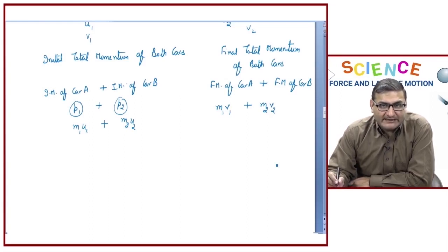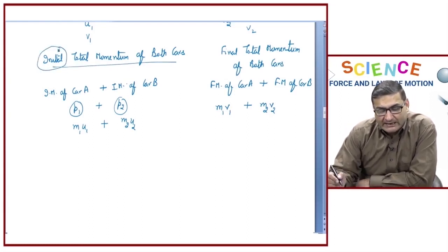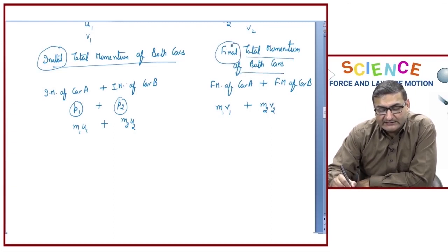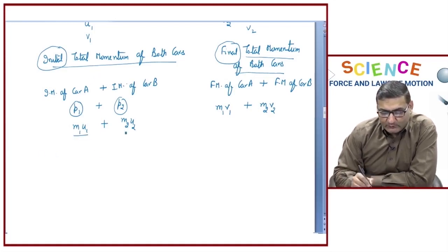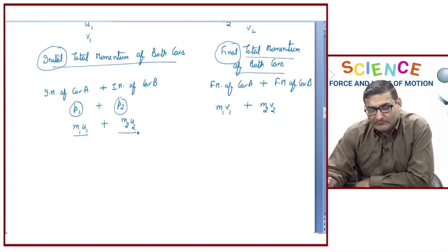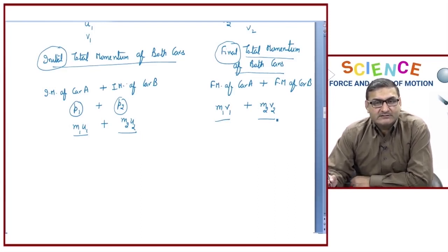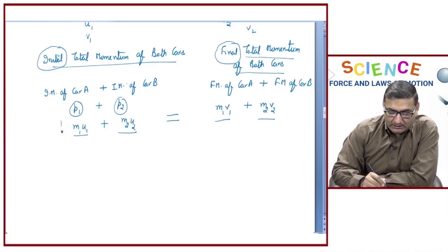We will take the total momentum of both these cars before the collision, that is initial, and the total momentum of both the cars after the collision, that is final. The initial momentum will be the sum total m1 u1 plus m2 u2, and the final total momentum will be m1 v1 plus m2 v2. Now, the law of conservation of momentum states that these are equal.